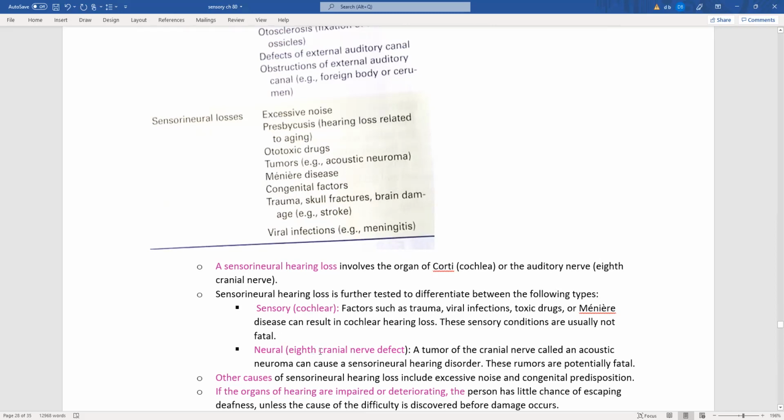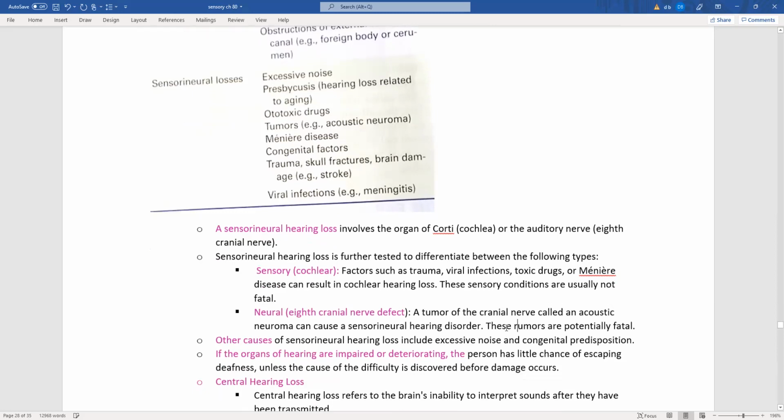And then with the neural, eighth cranial nerve defect, a tumor of the cranial nerve called an acoustic neuroma can cause a sensorineural hearing disorder. These tumors are potentially fatal.